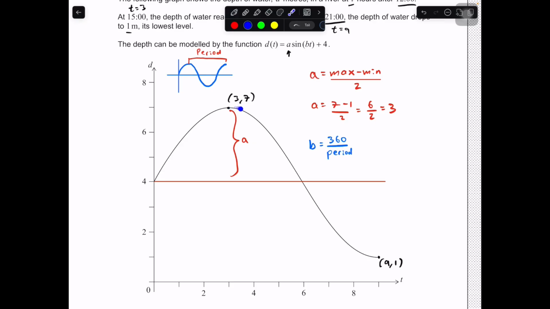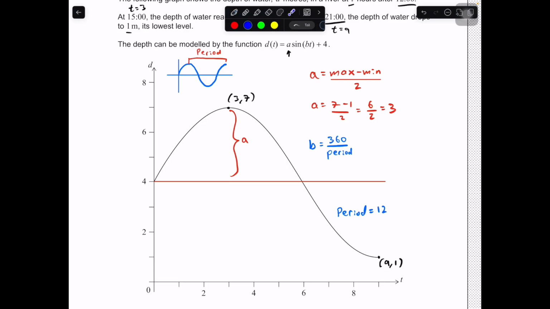So, period, how long does it take to go one complete cycle? We start at 3, we go from the highest to the lowest in 6. It's going to take that exact amount of time to go back up to the top again. So period is equal to, well, 6 is half a cycle, times 2 would give us a whole. So the period is just equal to 12.